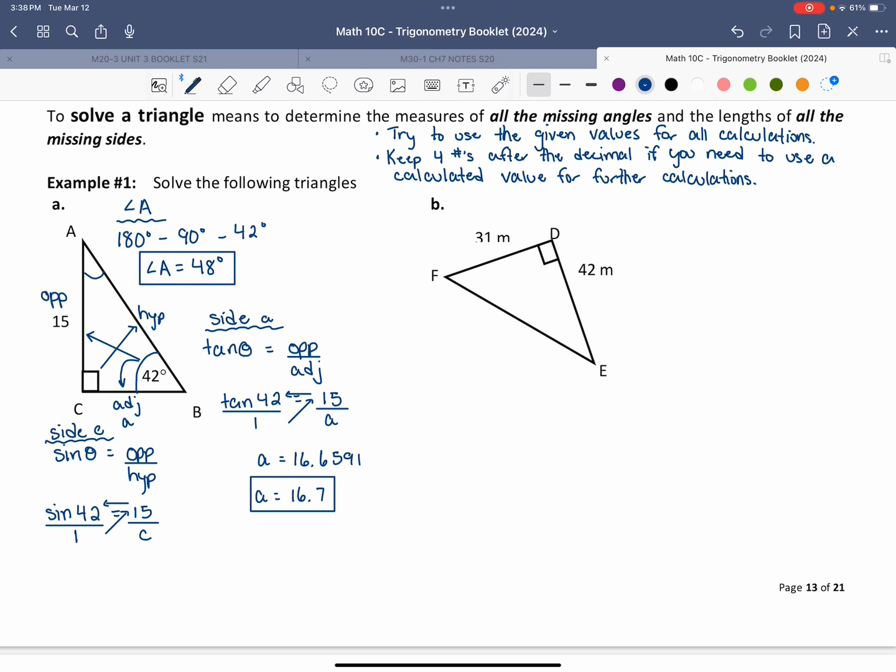So 1 times 15 divided by sine 42, which gives me C equals 22.4171, which is 22.4 to the tenths place. So we've solved the triangle because we found all the missing sides and the missing angle.